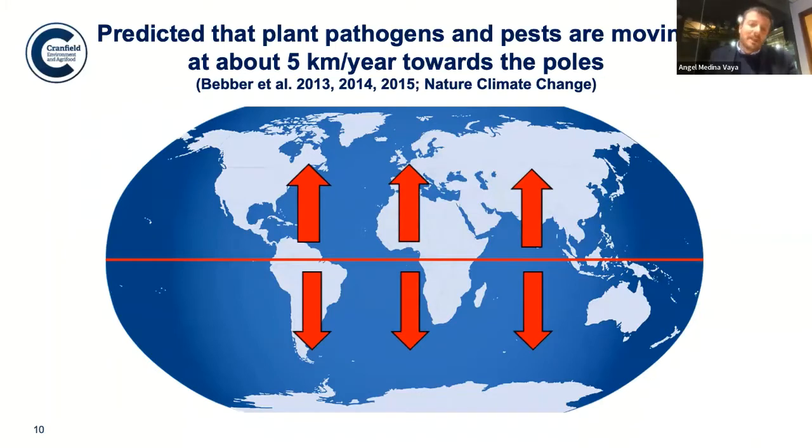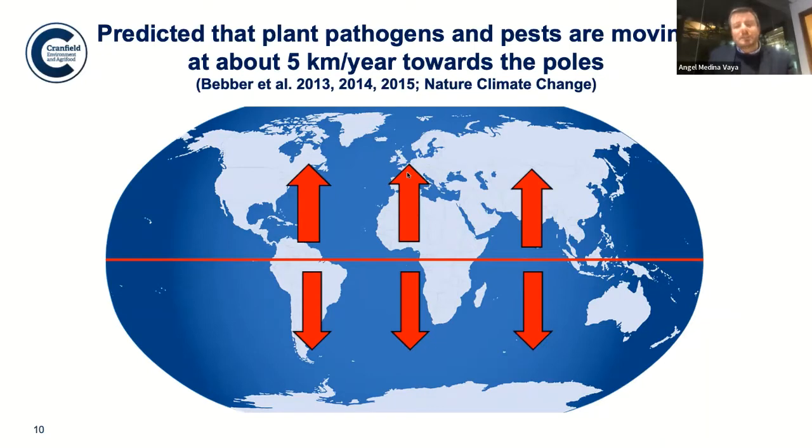So that is going to make some fungal pathogens appear where they were normally not present, or give them the environmental conditions to grow in places where they normally were, but were not able to produce the disease. So a lot of things are changing.